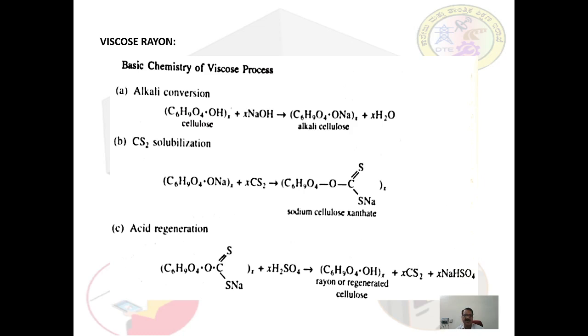This alkali cellulose is stabilized with carbon disulfide, giving sodium cellulose xanthate. This sodium cellulose xanthate in the third stage is acid regenerated in the presence of sulfuric acid, which gives regenerated cellulose or rayon, carbon disulfide and sodium sulfide. This is the chemistry behind this.